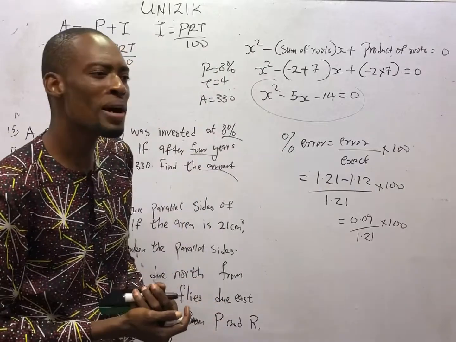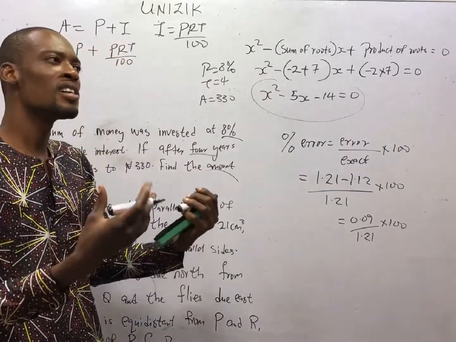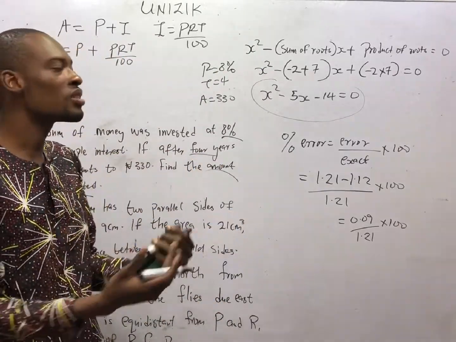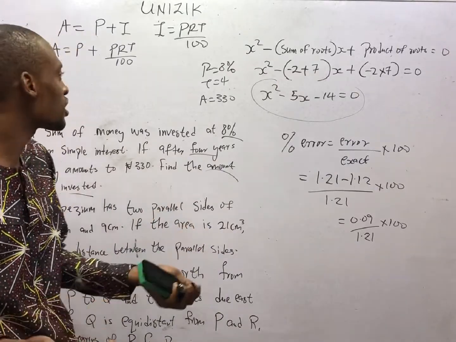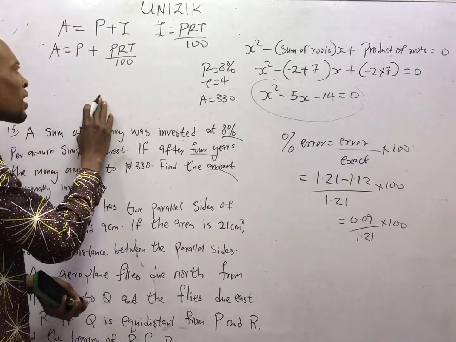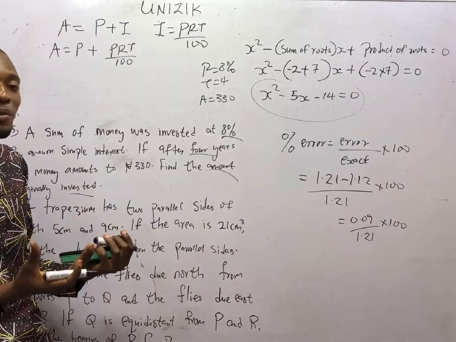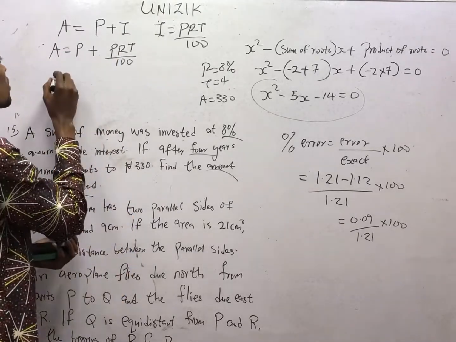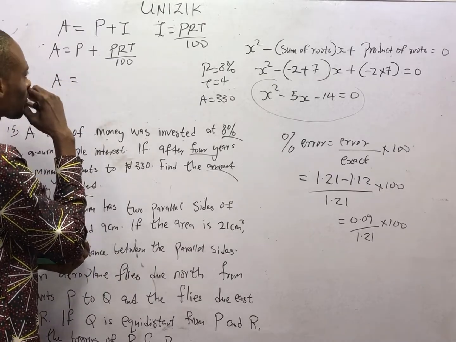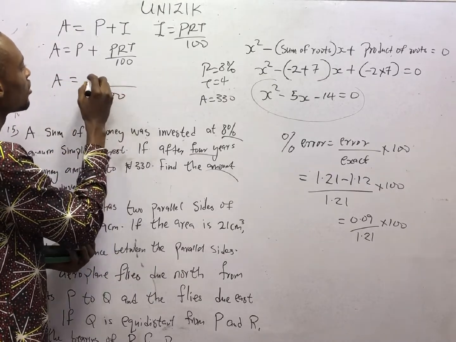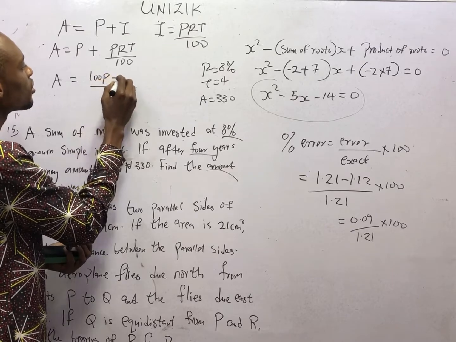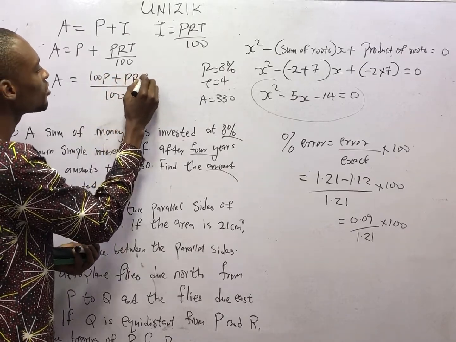So remember, in compound interest, interest is even paid on interest. So the amount originally invested is the principal. So since we are looking for principal, we have P here, we have P here. The knowledge of change of subject of formula comes to play. So I can say A is equals P plus PRT over 100.